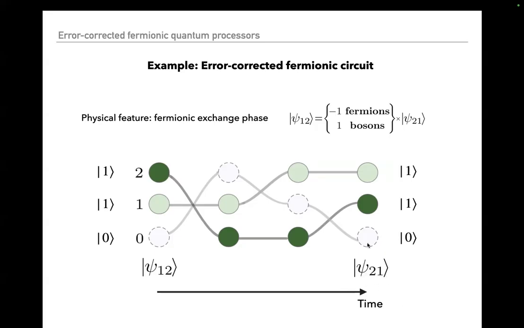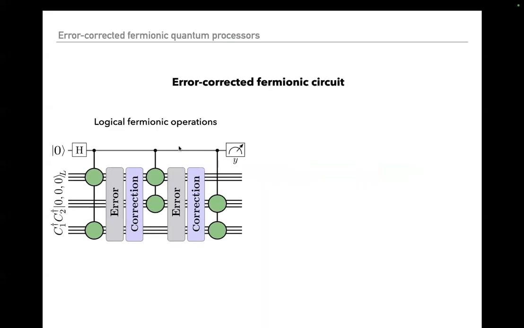And by measuring a relative phase, by doing sort of an interferometric experiment involving this process, we can find out if the underlying particle was a fermion or a boson in this way.